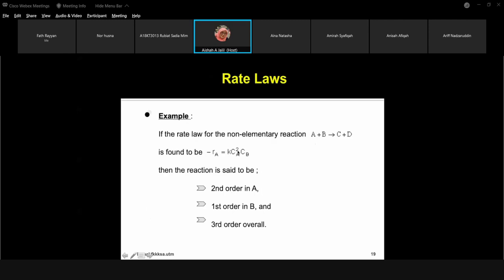This is second order in A, or first order in B, or third order overall, meaning 2 plus 1. If they said second order in A, but they do not say about B, then they said third order overall, so you can know that this is 2, this is total 3, so this must be 1. That's just an example, just the sentence in the question.